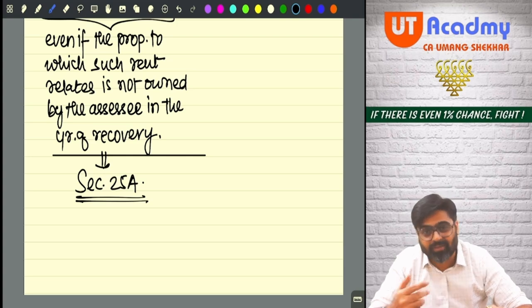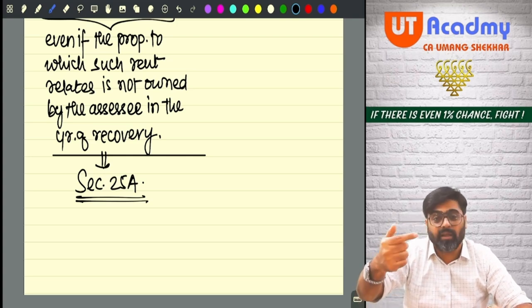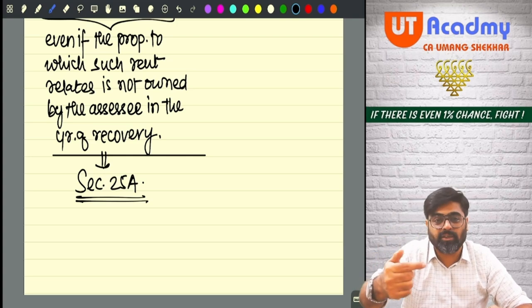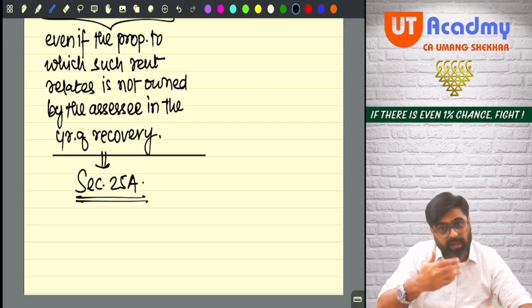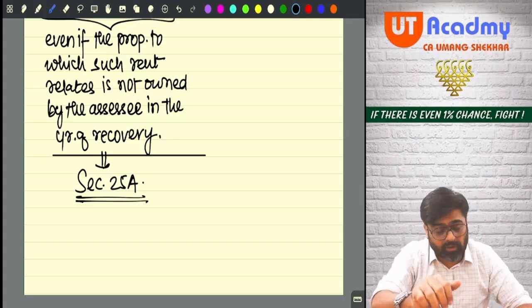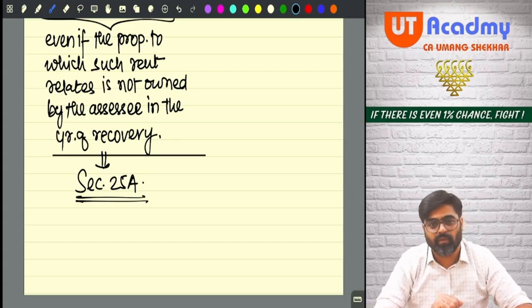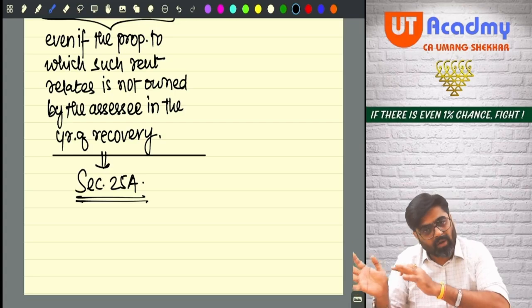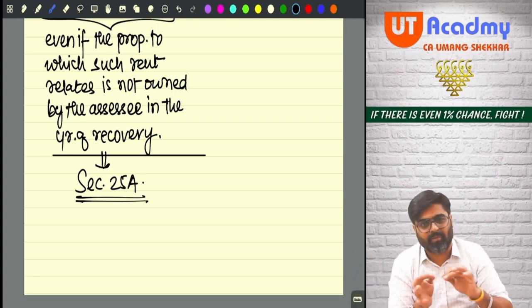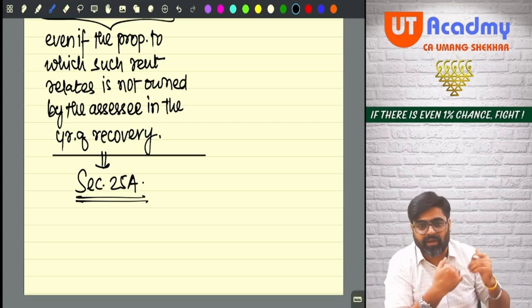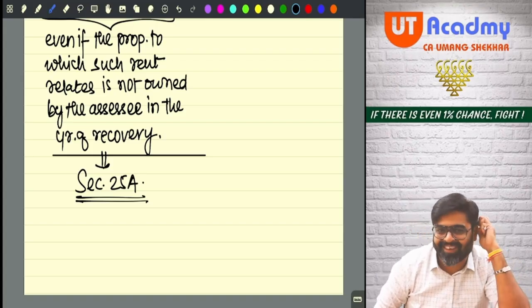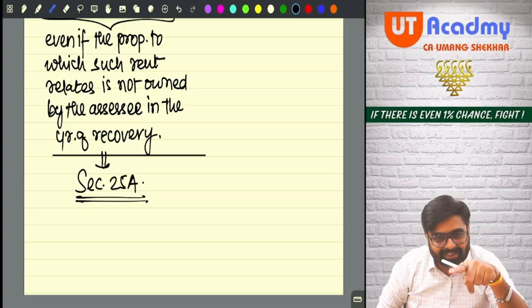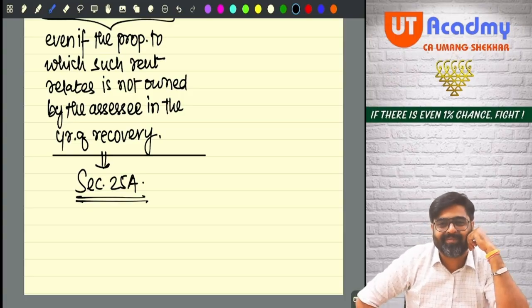You are saying the increased rent should be only 23, but I am saying no, it should be 25,000. So you are giving me 23 every month, and every month I am asking 25. So every month there is a gap of 2,000, no? For that 2,000 there is a dispute between you and me.